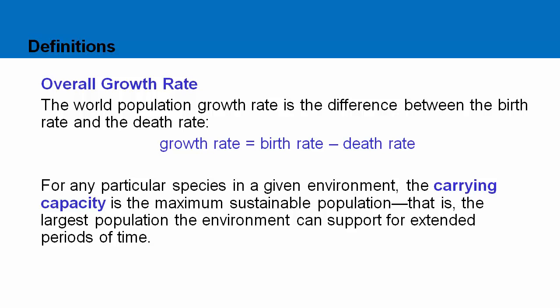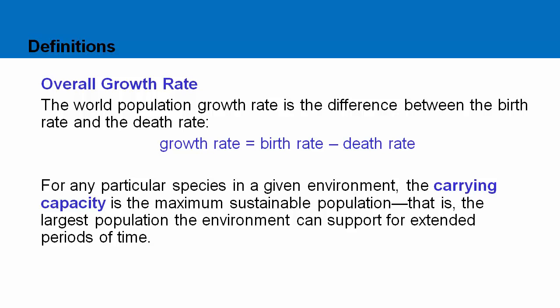In the case of people, it's kind of like a net change. It's like net profit, where you take your gross profits and subtract your costs. Well, in this case, you take your birth rate and then subtract your death rate from it, and that gives you the overall growth rate.